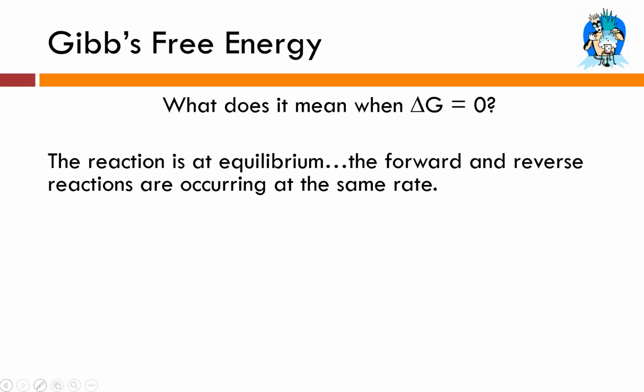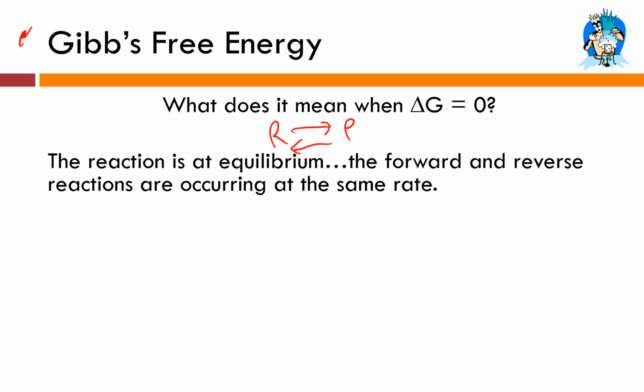This is a topic that we're going to get into more later this semester. But in order for a reaction to possibly exist at equilibrium, that reaction has to be reversible. So we have a forward reaction and we have a reverse reaction. So we can go from reactants to products, and at the same time, products can break back down and form the reactants. When delta G is equal to 0, that's telling us that the forward reaction and the reverse reaction are occurring at exactly the same rate.